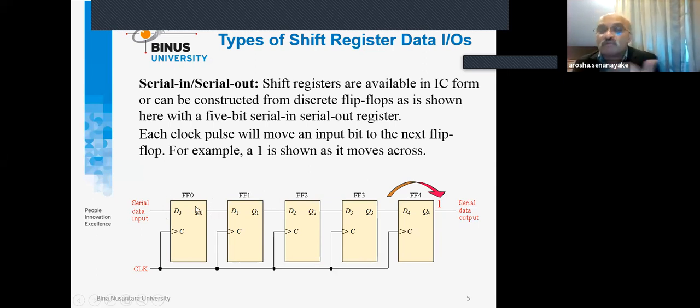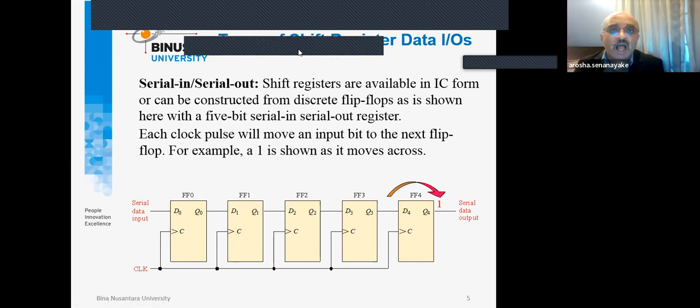So likewise, of course, you can shift bits one at a time, and then in the output you will get the same serially entered data. So then serial data input into serial data output.